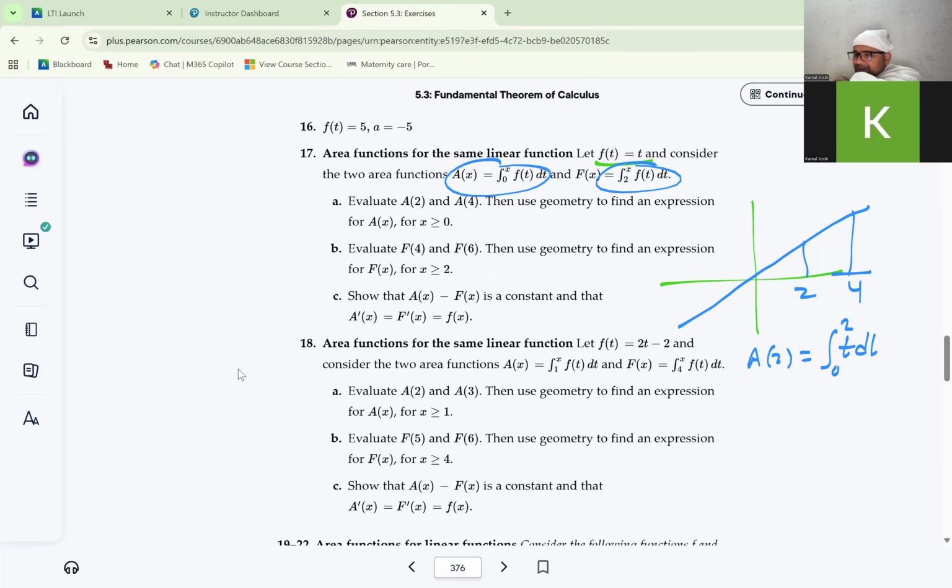F of t equals t. So that area is clearly, the height is 2, width is 2. So the area is half times 2 times 2, which is 2. That is A of 2. Similarly, A of 4 would be half times 4 times 4.